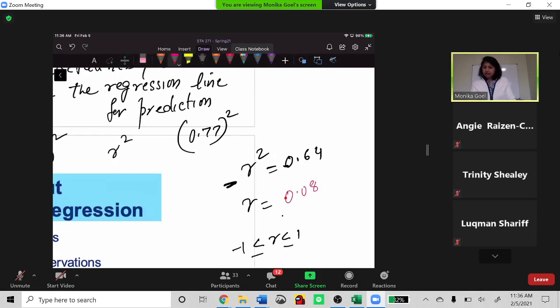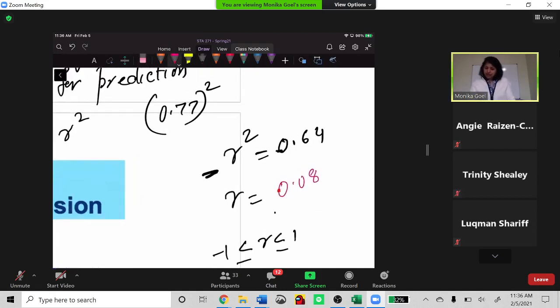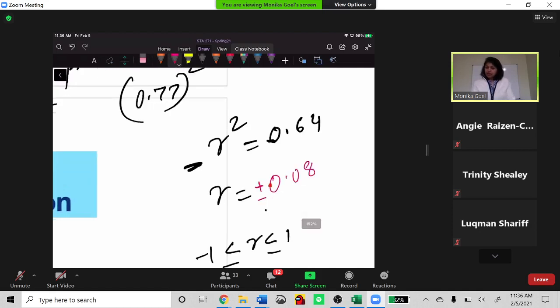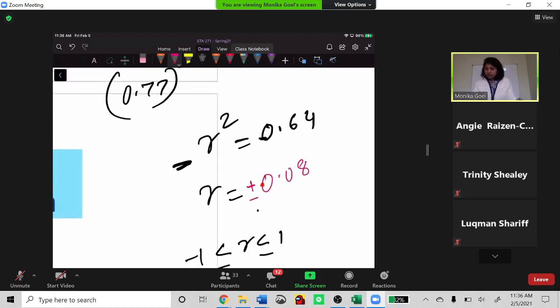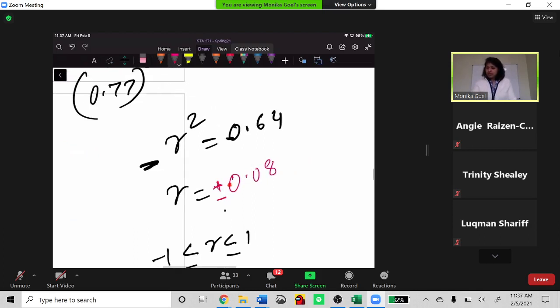When we do the square root, we get positive and negative values, right? I cannot take both when I'm talking about r, so either it's positive or it's negative. Now, how do we decide which value of r to take, positive 0.8 or negative?